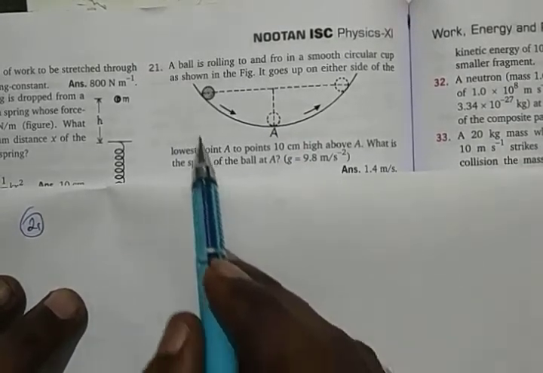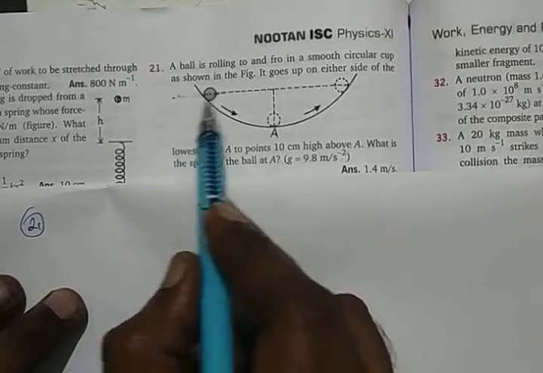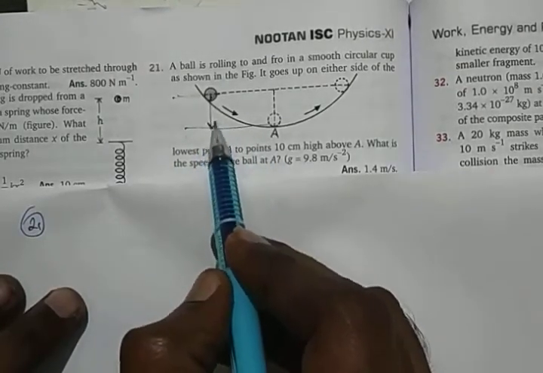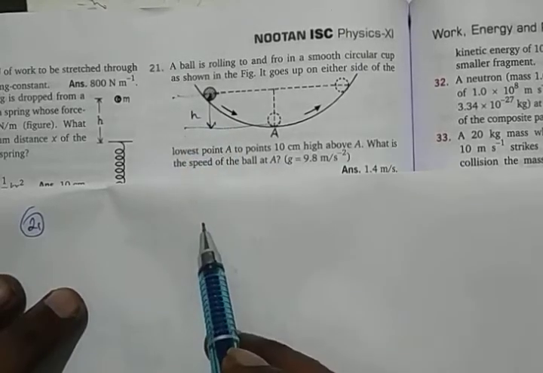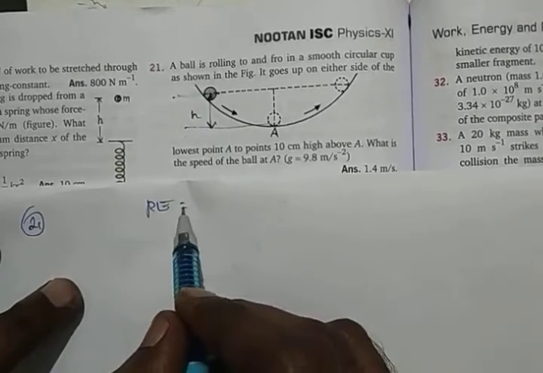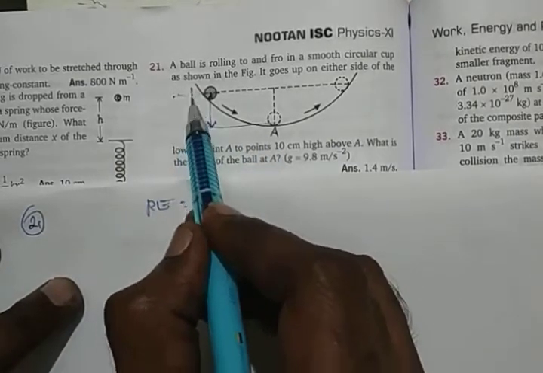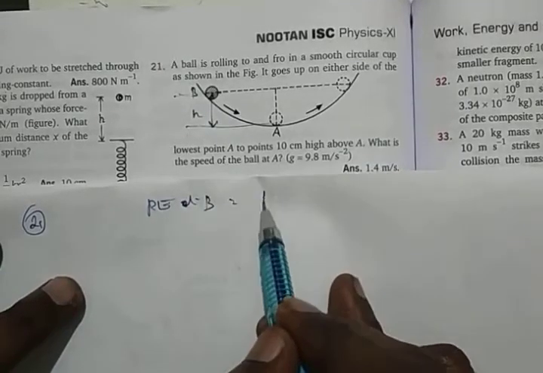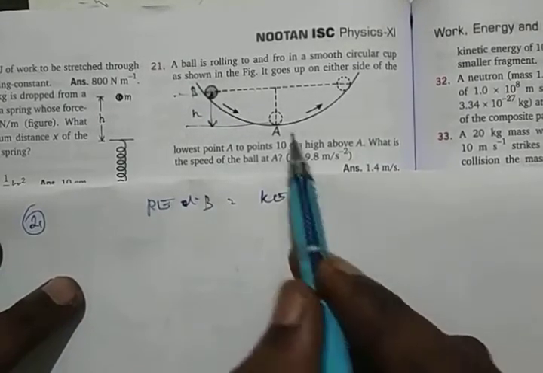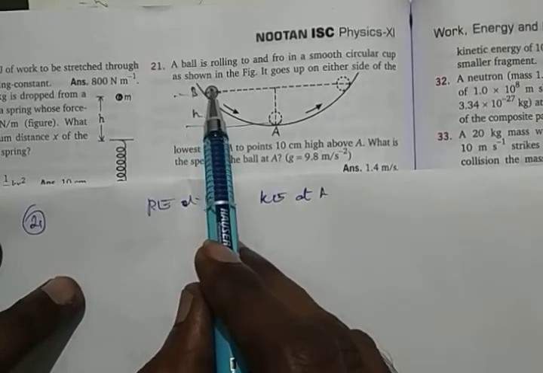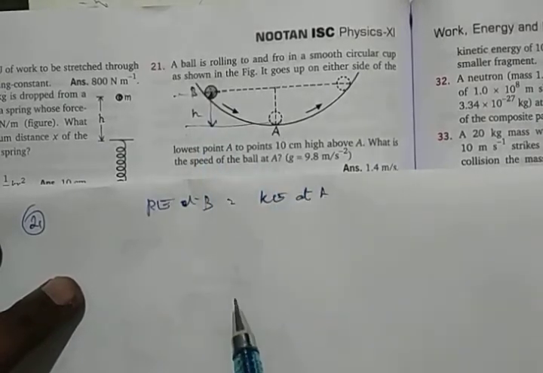What happens here is, this place is having a kind of potential energy, because there is a height here. Potential energy at B is going to be equal to kinetic energy at A. Whatever the potential energy this body had, the same thing will transform into kinetic energy here.